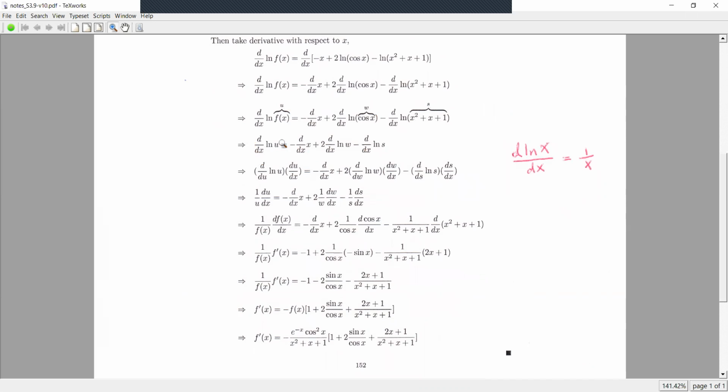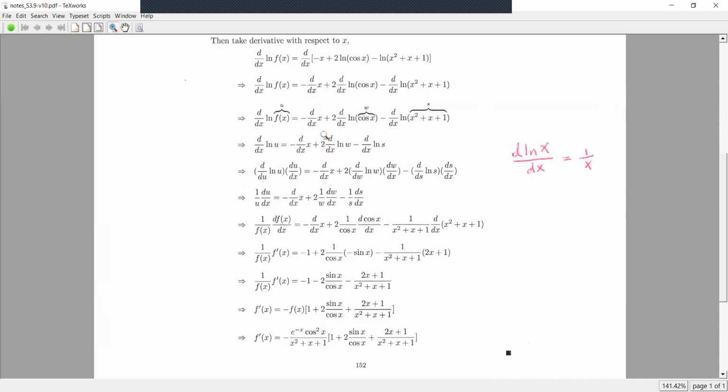To compute the derivative of natural log of u with respect to x, I need the chain rule. I insert du to the bottom and put a du on the top. Then this derivative is the product of these two derivatives.